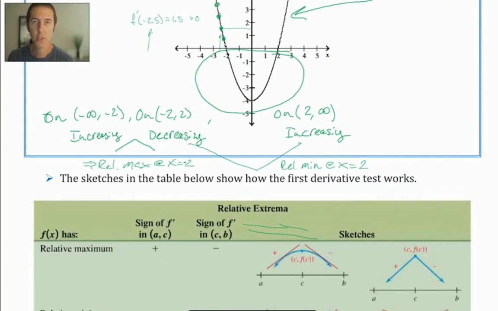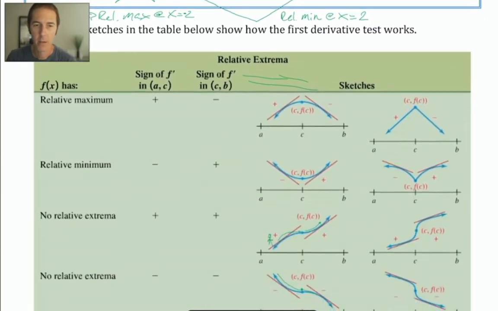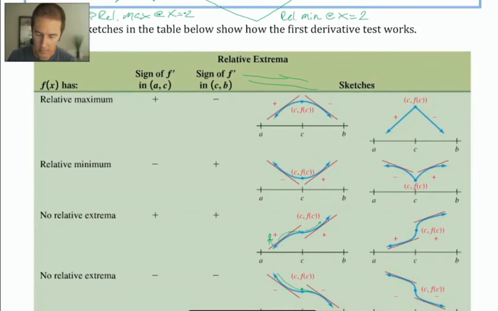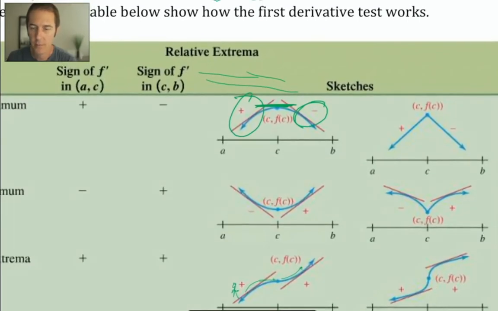So that's sort of a visual application of the first derivative test. Again, when you go from a positive first derivative to a zero derivative to a negative derivative, that constitutes a maximum.